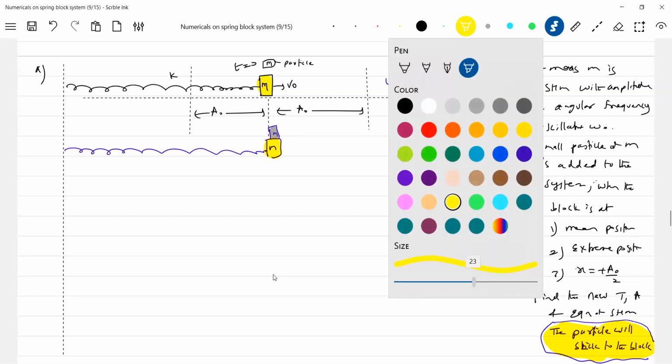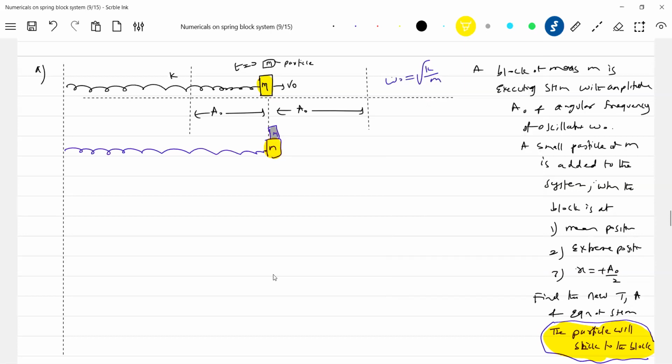It will become 2m. So what do you expect the new angular frequency to be? The new omega will be omega naught by root 2, since it is root k by 2m, and root k by m is omega naught. The new angular frequency, the time period of oscillations, will change.